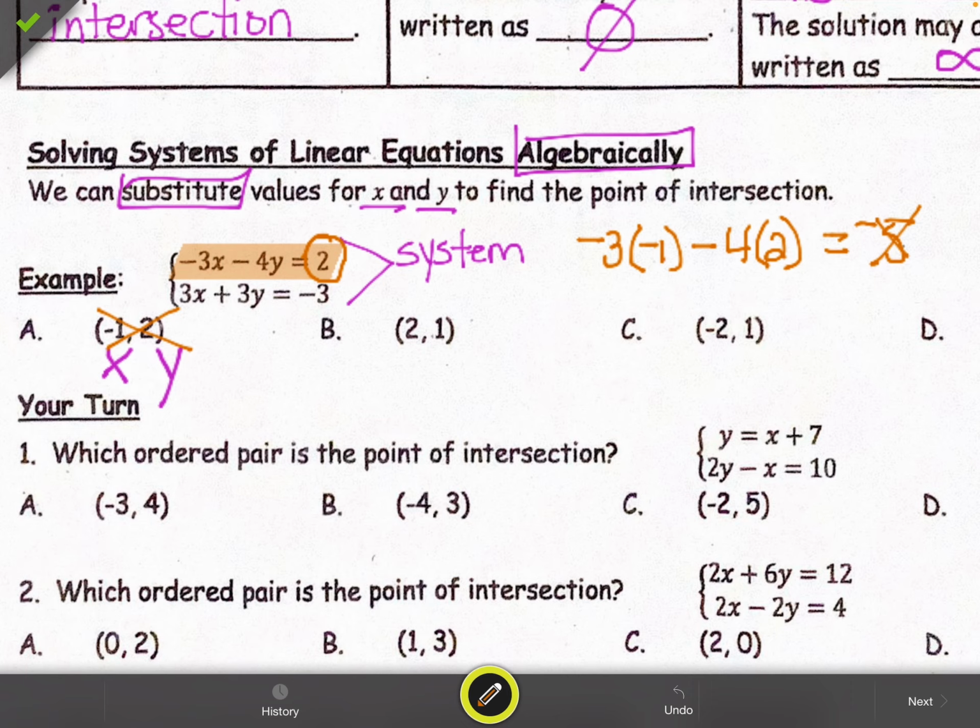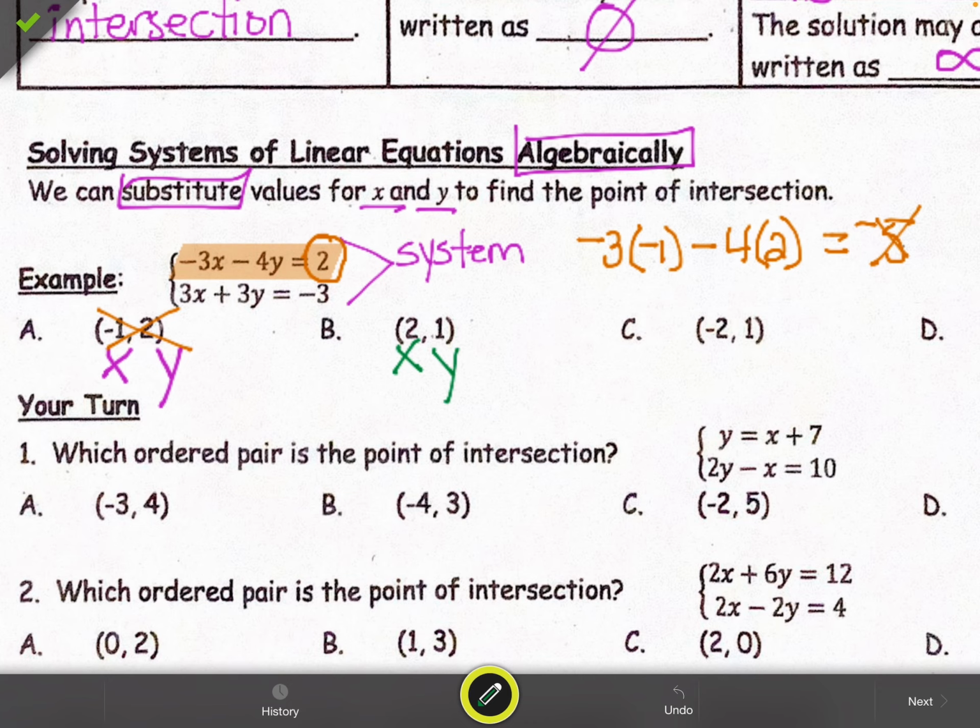Now, technically you should check the other equation, plug into the other equation and check. But if it doesn't work for the first, we don't need to check, because for this to be a point of intersection, it has to work in both of your equations. So then you would come over here and you would do the same for B. Okay, start with your first equation.